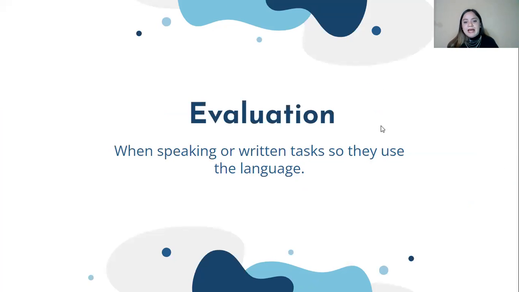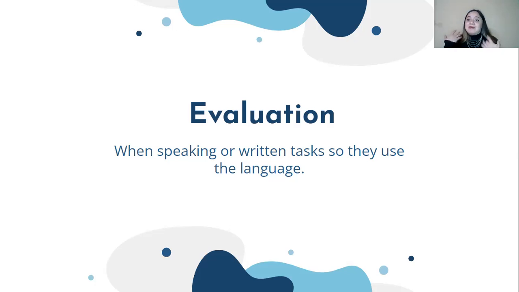Then we have the evaluation. How is evaluation accomplished in the direct method? There is not a specific rule on how to do an evaluation using this method, but because students speak a lot, maybe this can be your evaluation when they are having a speaking or a written task. You can evaluate them because they are actually using the language, okay?